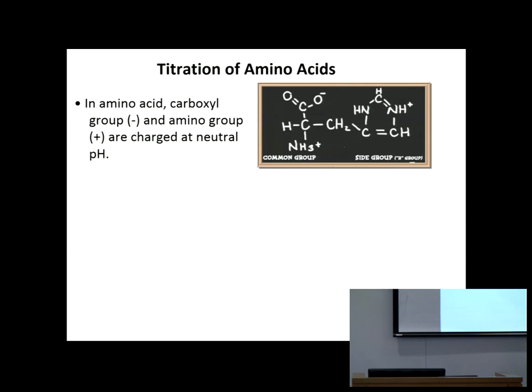So the way I want you to think about all of this as we go through the next few slides is when you're in an environment that's low pH, your environment has a lot of protons around. So it's going to stuff protons on your structure wherever there can be a proton. And as you raise the pH, you're going to ionize, pick off those protons.